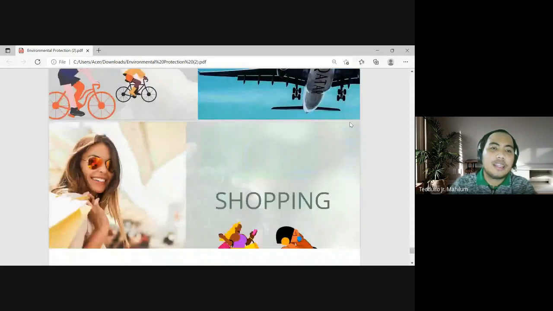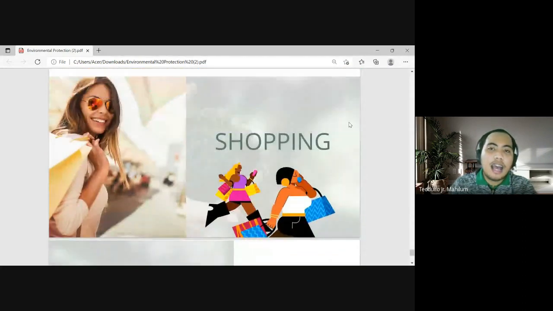Next, how can you help protect the environment by shopping? Okay, by buying only post-consumer recycled paper products, including toilet paper and tissues. The paper industry is the third greatest contributor to global warming emissions.